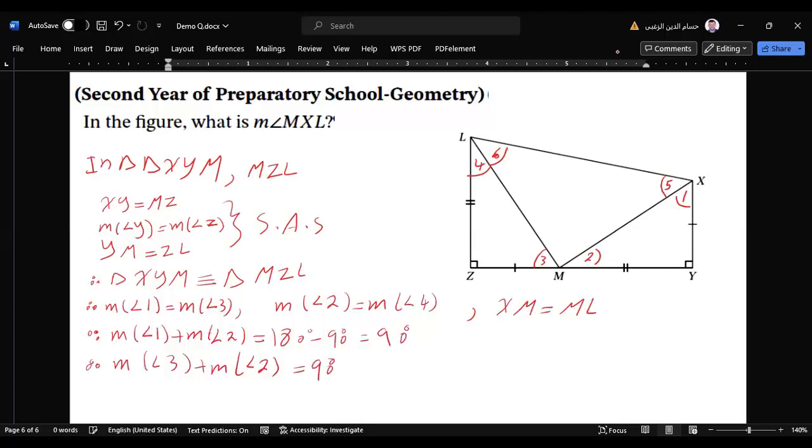And here we have supplementary angles. Then the measure of angle XML equals 180 minus 90, which is 90 degrees.